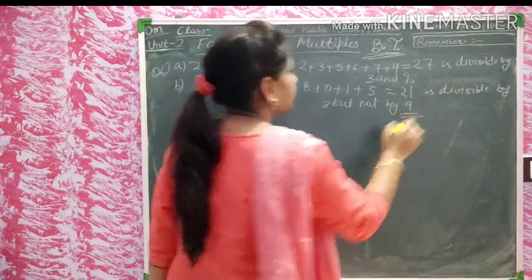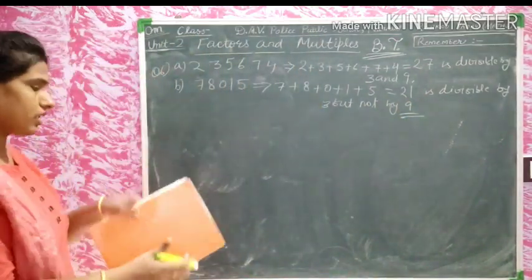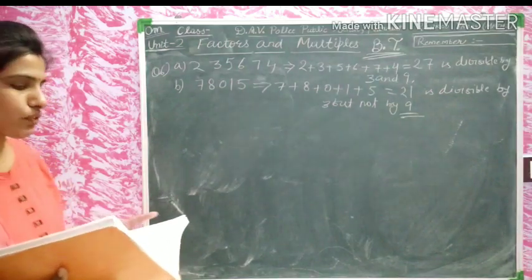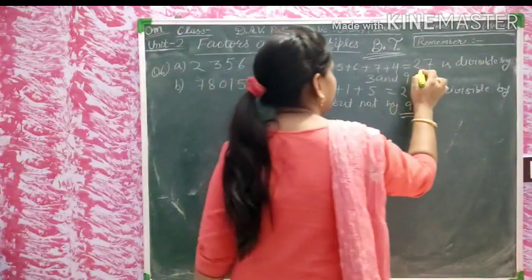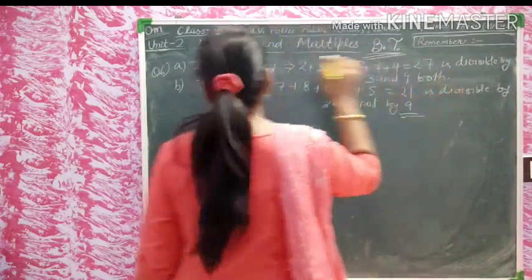Is this clear students? So we have the answer to which of the following numbers are divisible by 3 and 9 both, and this will be the answer here.